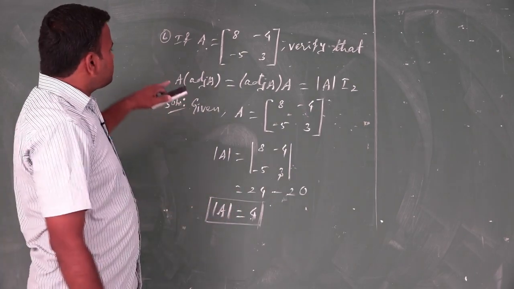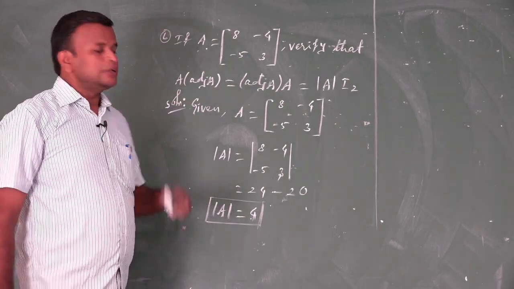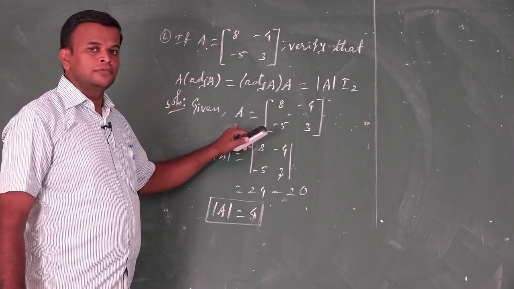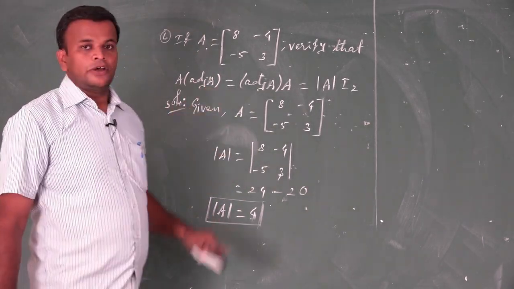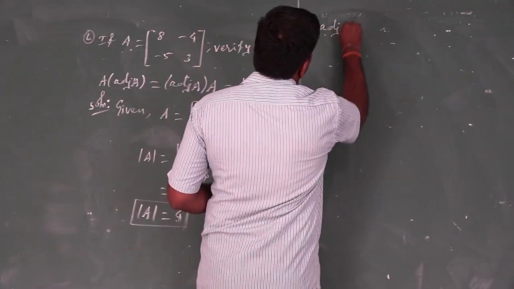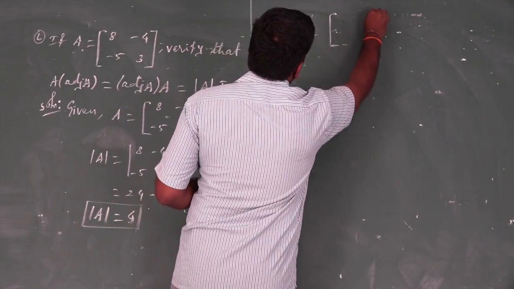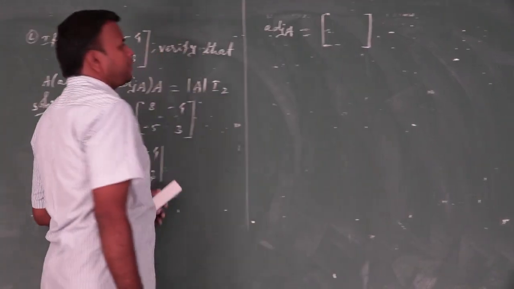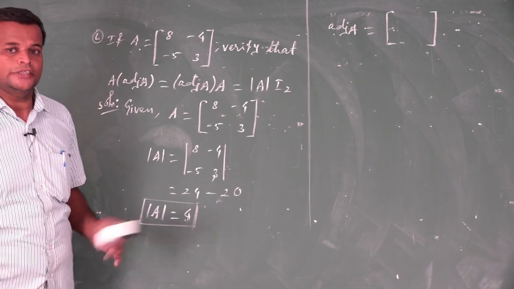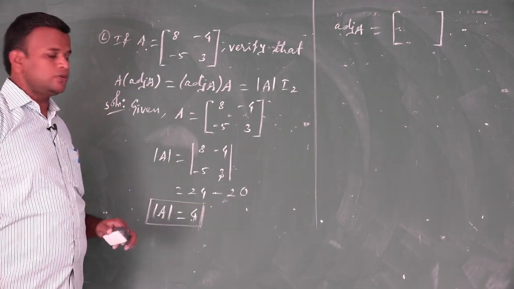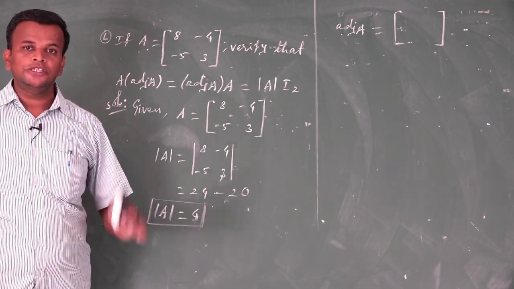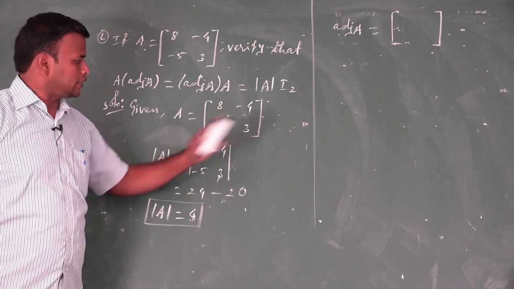Next, we multiply A and adjoint A. So we multiply these two matrices. A is there. To find adjoint A, the next step is to find the adjoint of the given matrix. Do you know the working rule? The working rule to find the adjoint of any 2 by 2 is to interchange the leading diagonal elements first. 8, 3 is there.